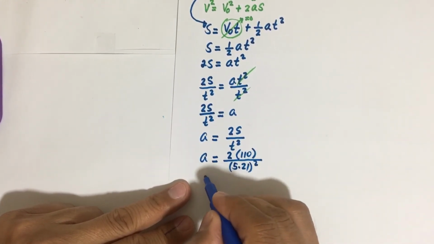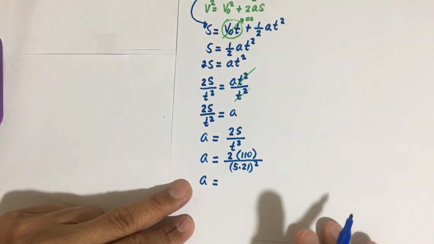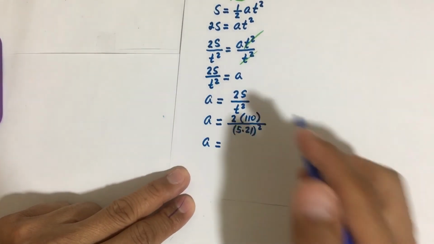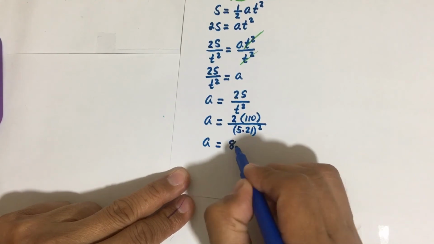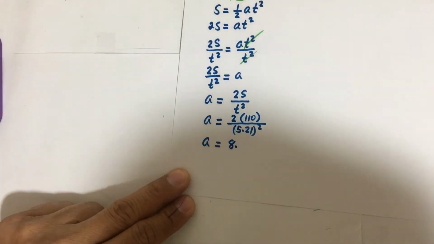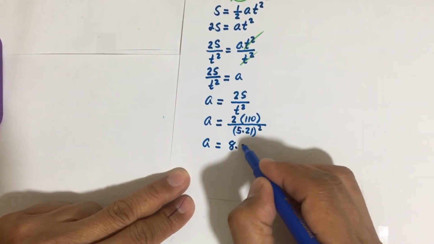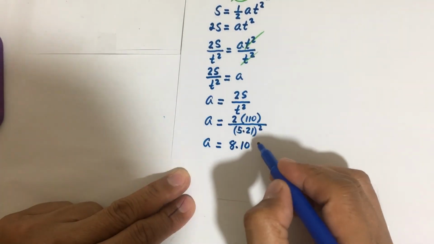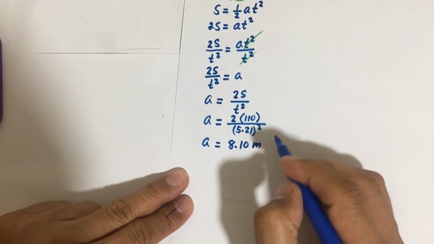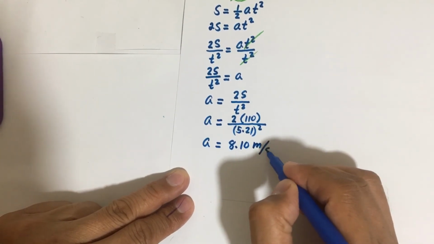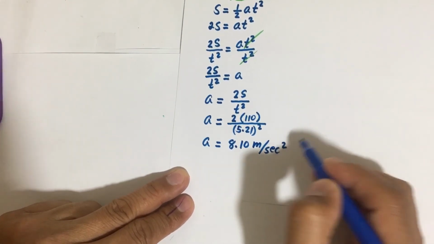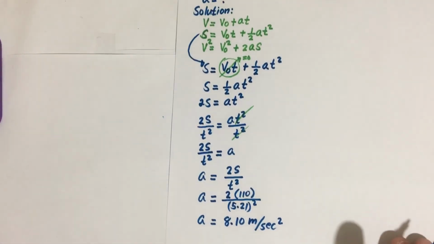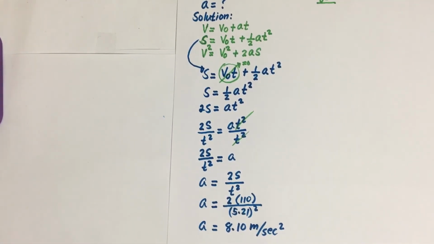So our a therefore is equal to, using your calculator, 8.10 meters per second squared. Okay, so this is our answer for this problem.